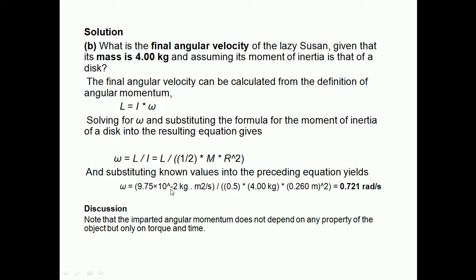This is the value of L we have, and we divided by half, which is 0.5, times the mass given for this tray, which is 4 kg, and the radius is also given, 0.26 meter. We square it, and the answer comes out to 0.721 radians per second.